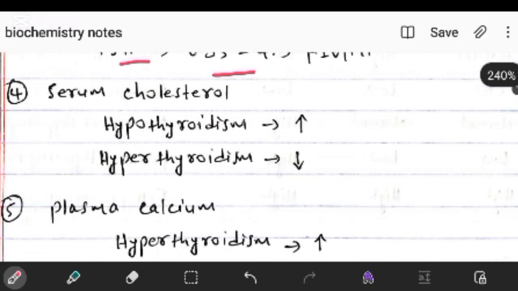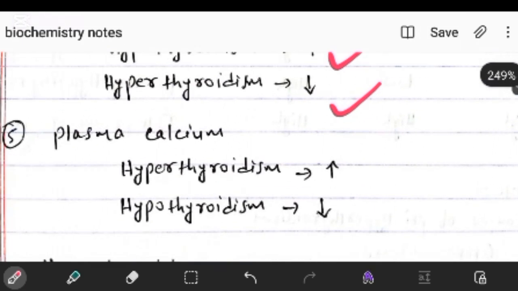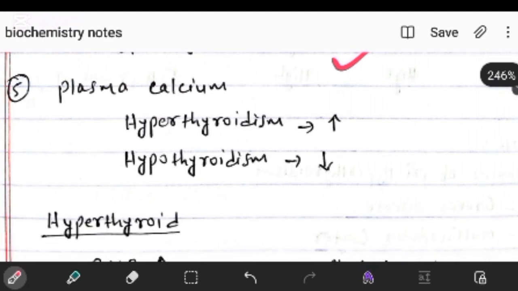Serum cholesterol in hypothyroidism increases, in hyperthyroidism decreases. Plasma calcium in hyperthyroidism increases, whereas in hypothyroidism decreases.